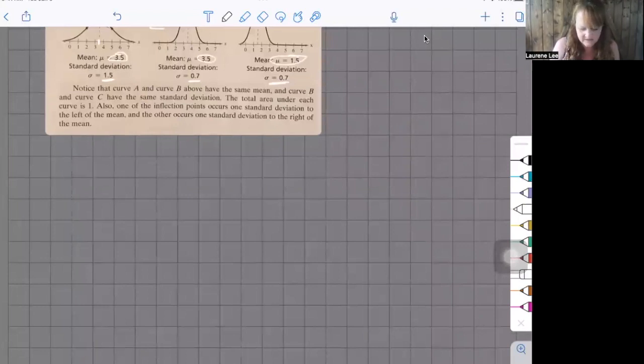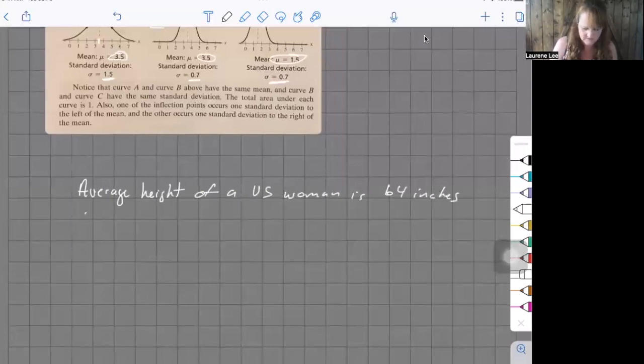Let's say that the average height of a US woman is 64 inches with a standard deviation of 4 inches.